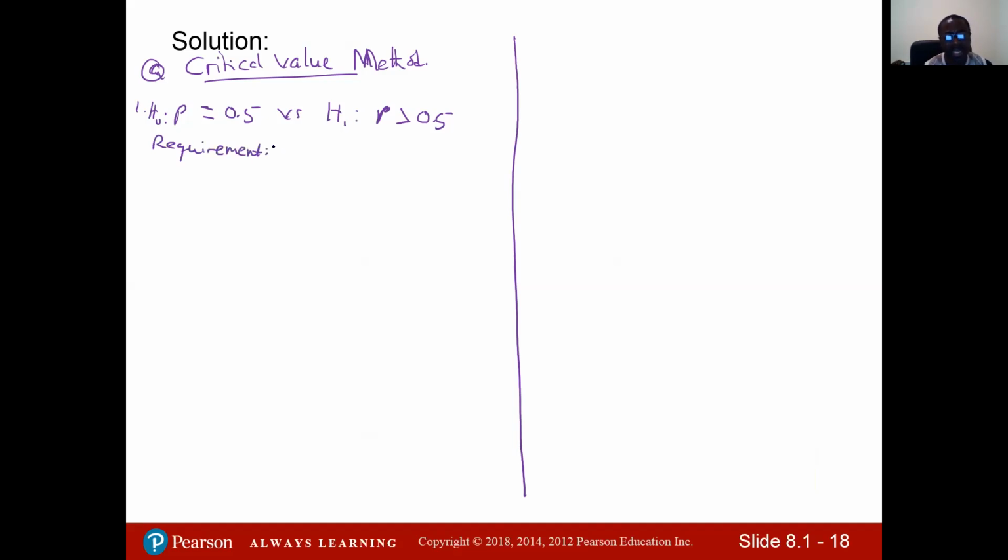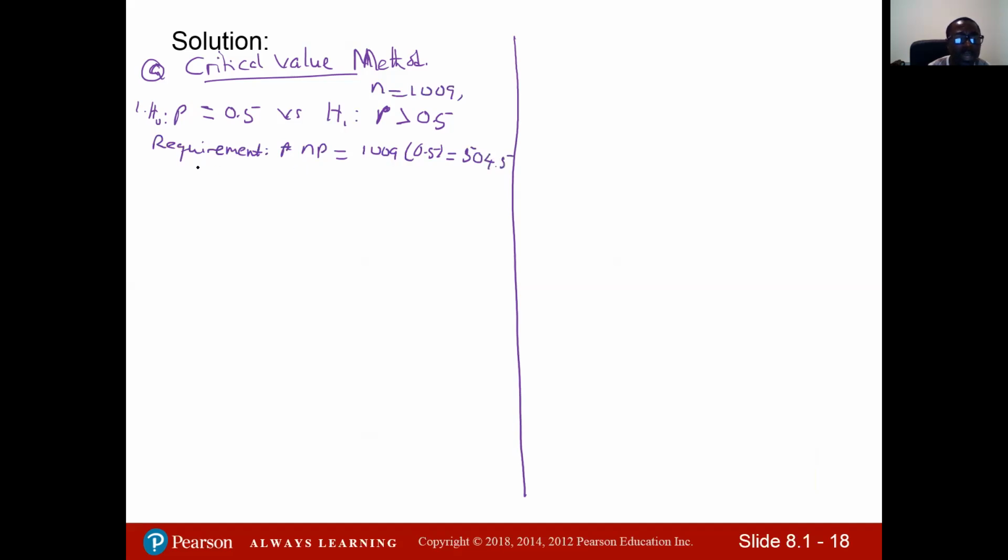We'll do this again in 8.2, the next section. Here our n is 1009. I need to find n times p, which in this case is 1009 times 0.5, which gives 504.5.